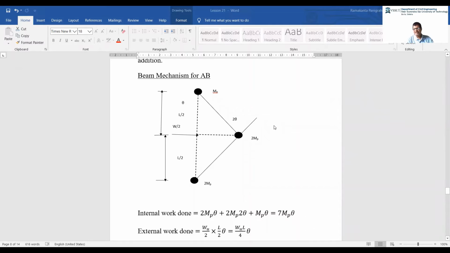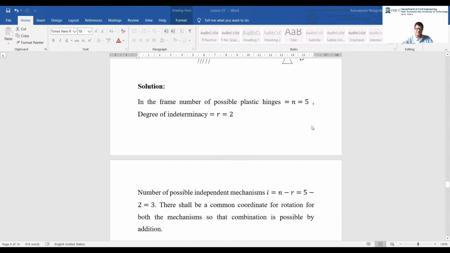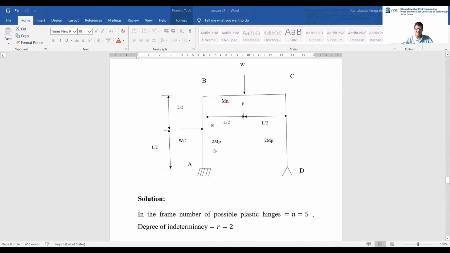Now you see in AB, there is a load at center W by 2, and all the values are 2Mp. Now Mp values are given different. So here it is given 2Mp, it is Mp. So while calculating for this joint B, the lesser value will be Mp.